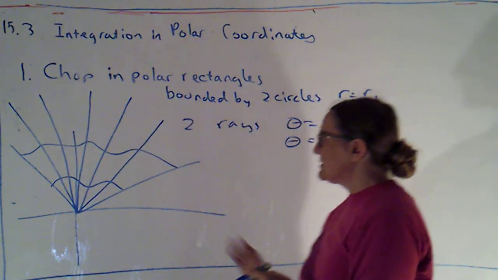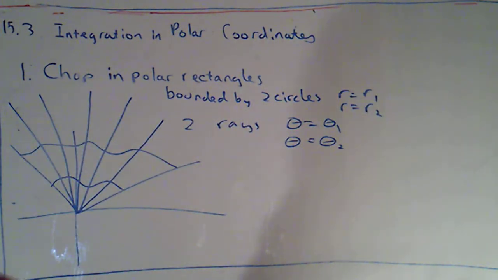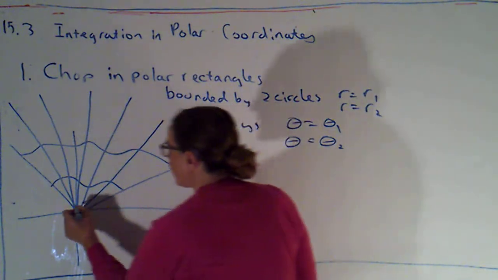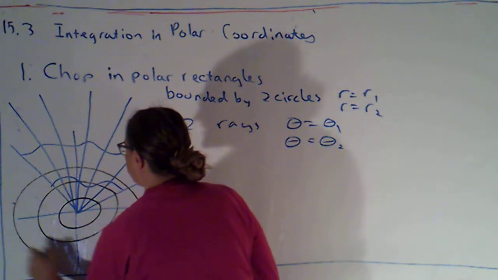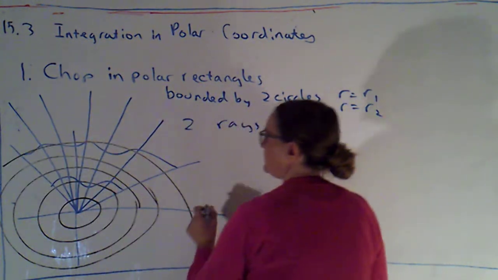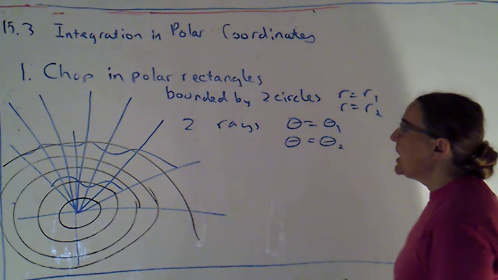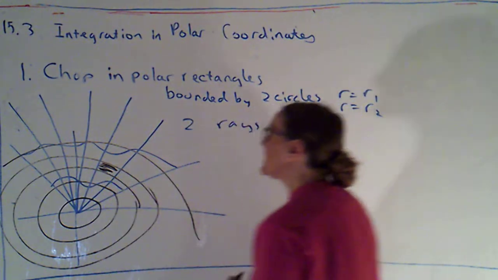That divides this up into wedges. And then let's also draw a bunch of constant r curves. That would just be circles centered at the origin. Okay. So that each one of these things is what we call a polar rectangle.